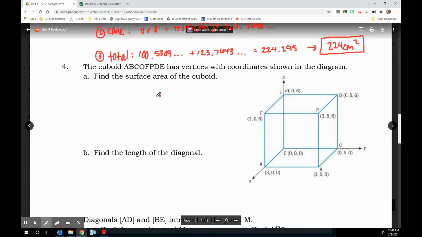We're first asked to find the total surface area of the cuboid. So remember, prisms in general, they have similar sides in the sense that I can find, let's say, the top of this cuboid, I can find the area of the top, and it'll be the same as the area on the bottom. So I'm going to find surface area of the top and bottom.